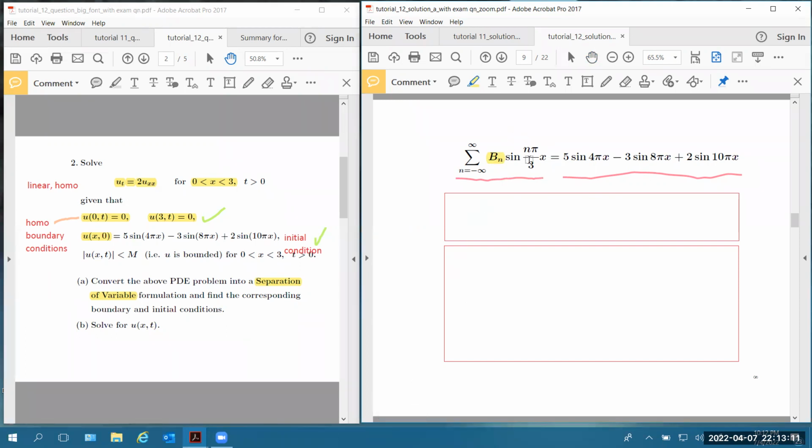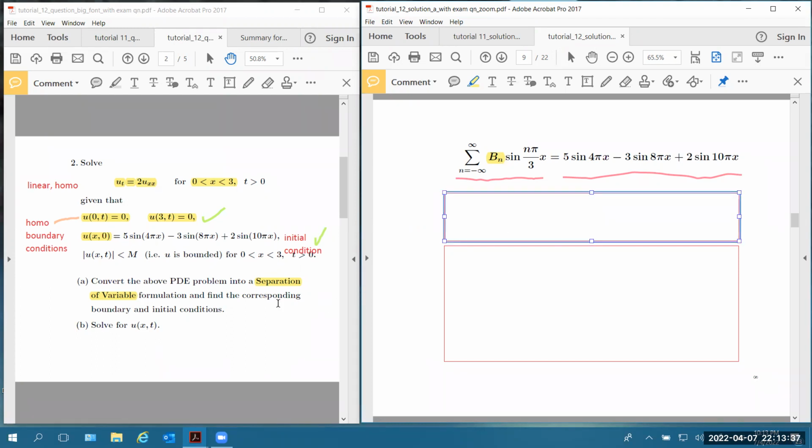Why here infinite number then now becomes only 3? That's because a lot of these Bn's are 0. A lot of them are 0. Only 3 are not 0. Okay, so that is your conclusion.